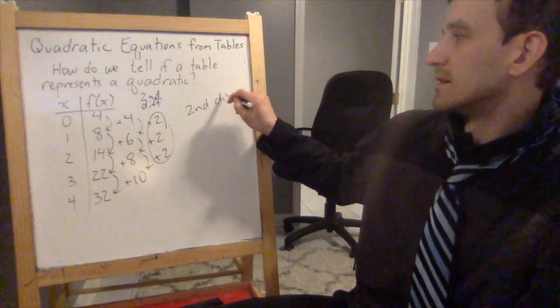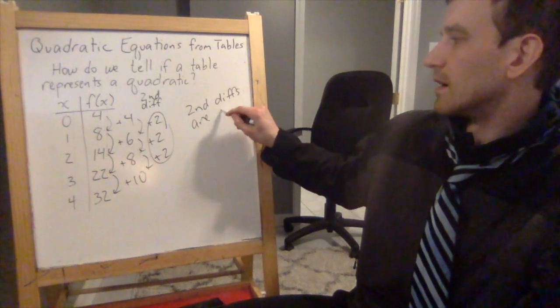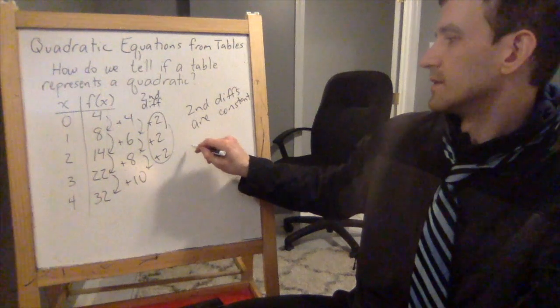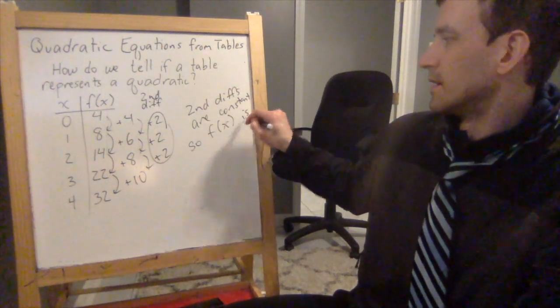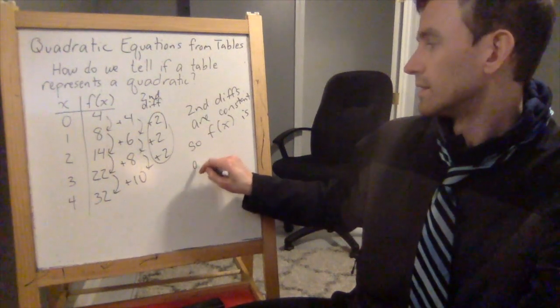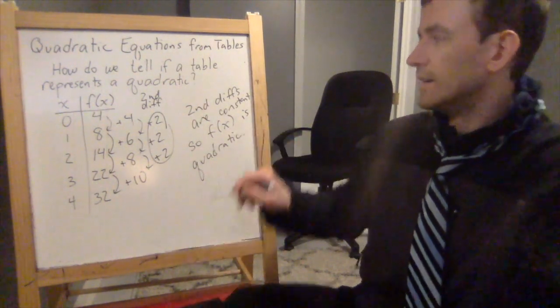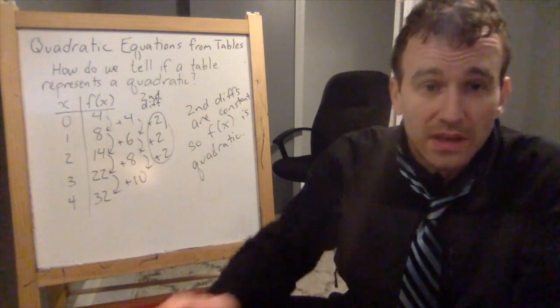The second differences are constant. They're all 2. So f of x is quadratic. If the second differences are not constant, f of x is not a quadratic.